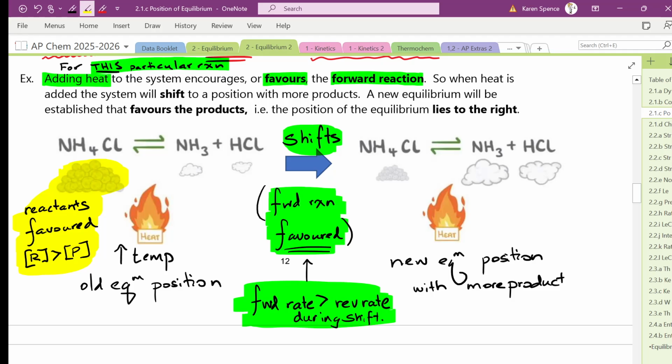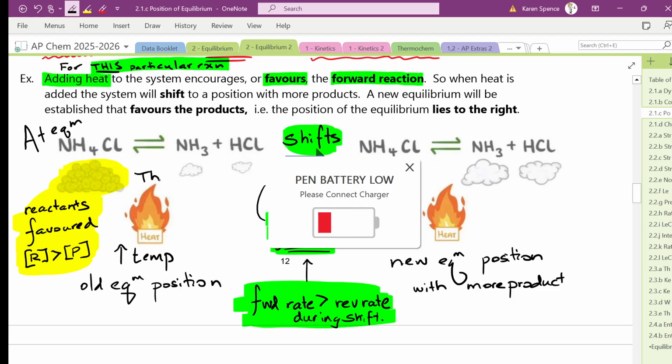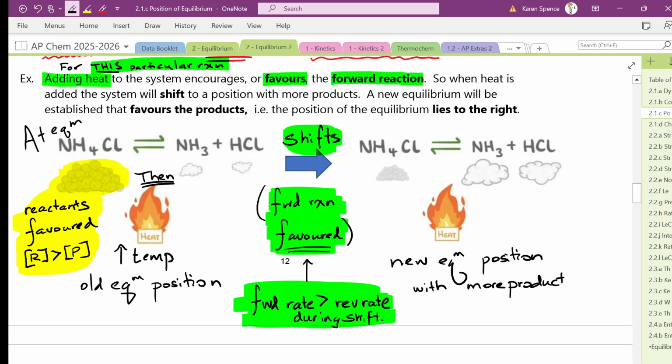That's where we start. And we're at equilibrium. Then we heat it. And when we heat it, that reaction shifts to the right.